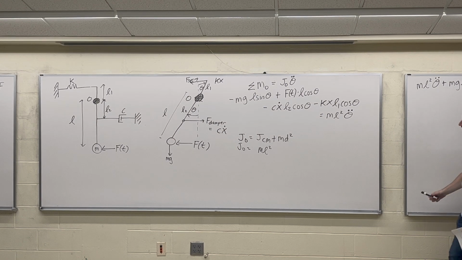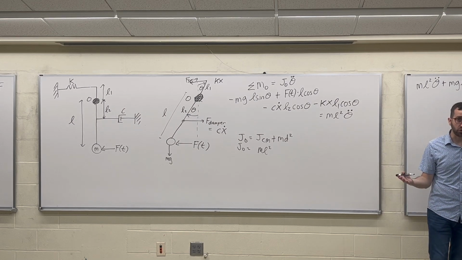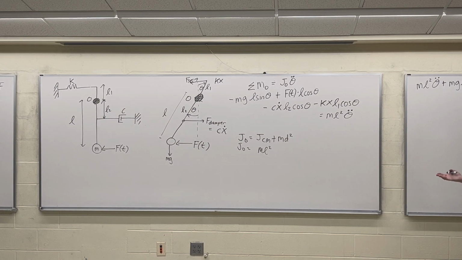And the force on the other side, our forcing function, which is typically on the right side of a differential equation, will be f of t times L cosine theta.